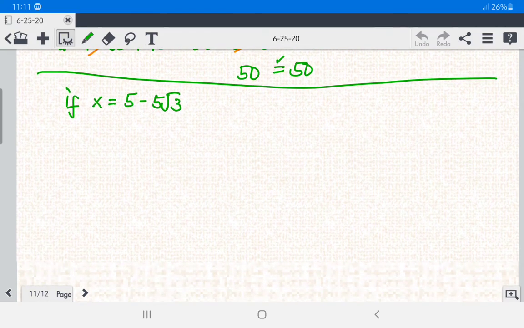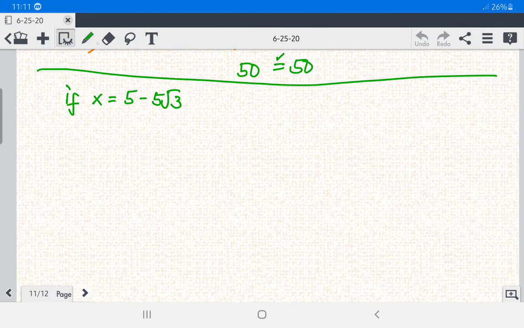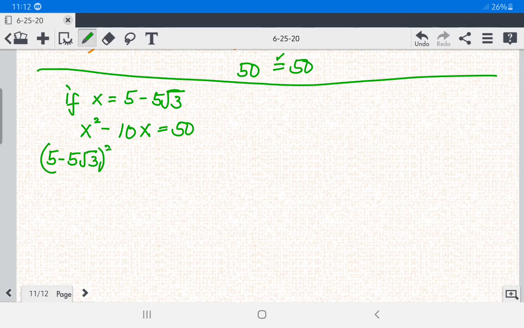Okay, using the original equation, again, we have x squared minus 10x then equals to 50. So here, the value of x is 5 minus 5 square root of 3. So we have 5 minus 5 square root of 3 squared minus 10 times 5 minus 5 square root of 3 then equals to 50.